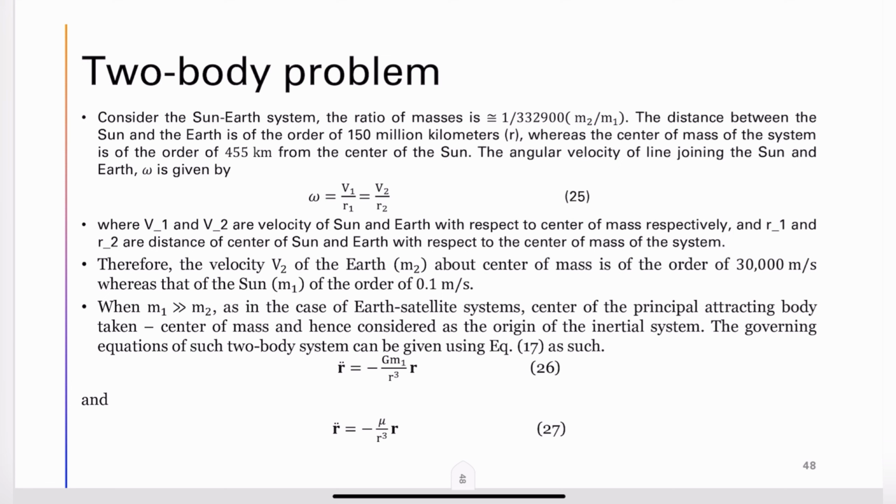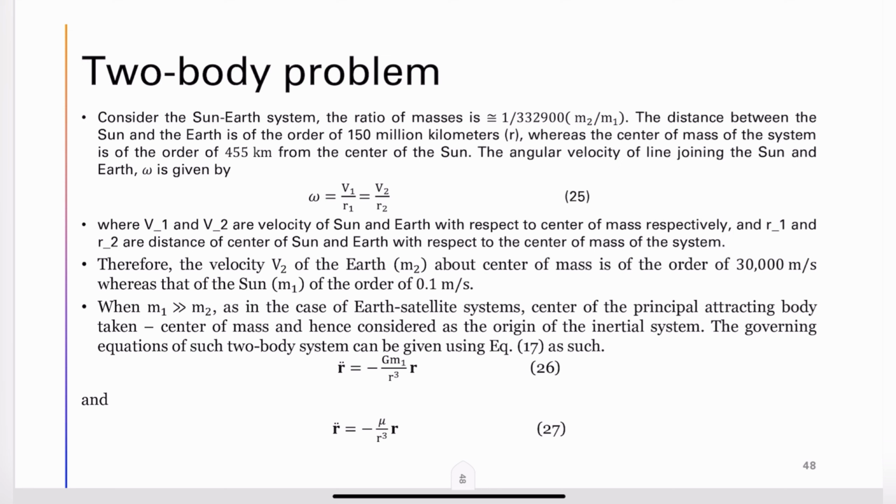When the sun is very large and the earth is very small compared to it, the velocity of the sun is just 0.1 meter per second, which means it seems almost stationary, because the center of mass almost coincides with the center of the sun, so the movement is not even visible.